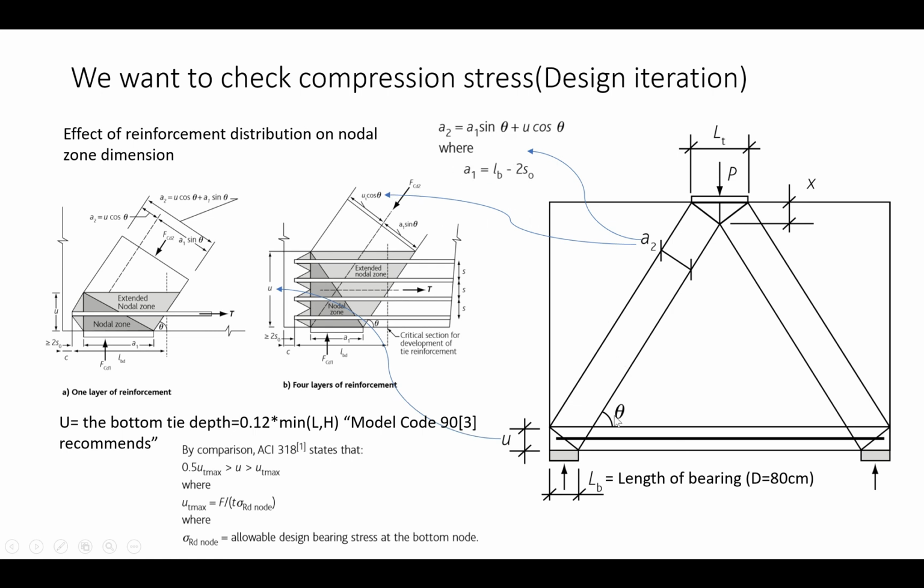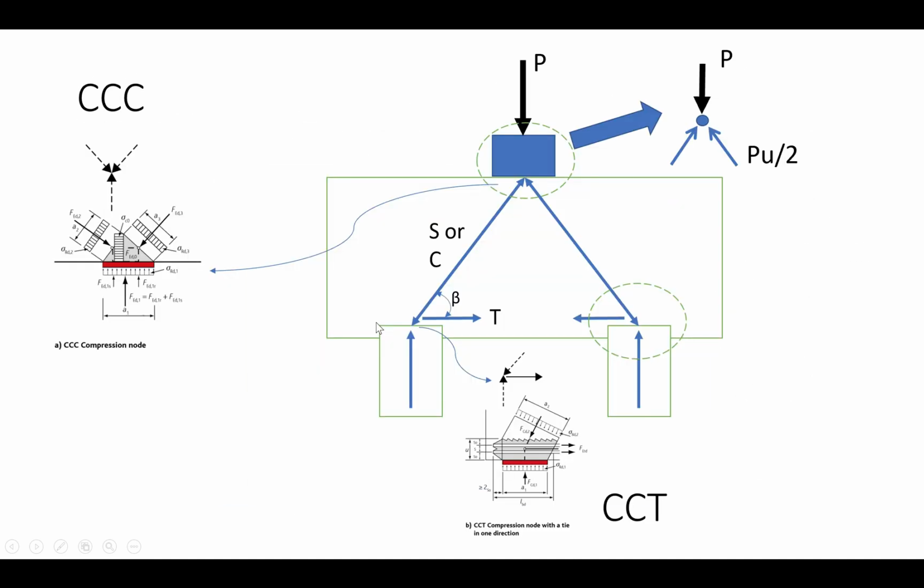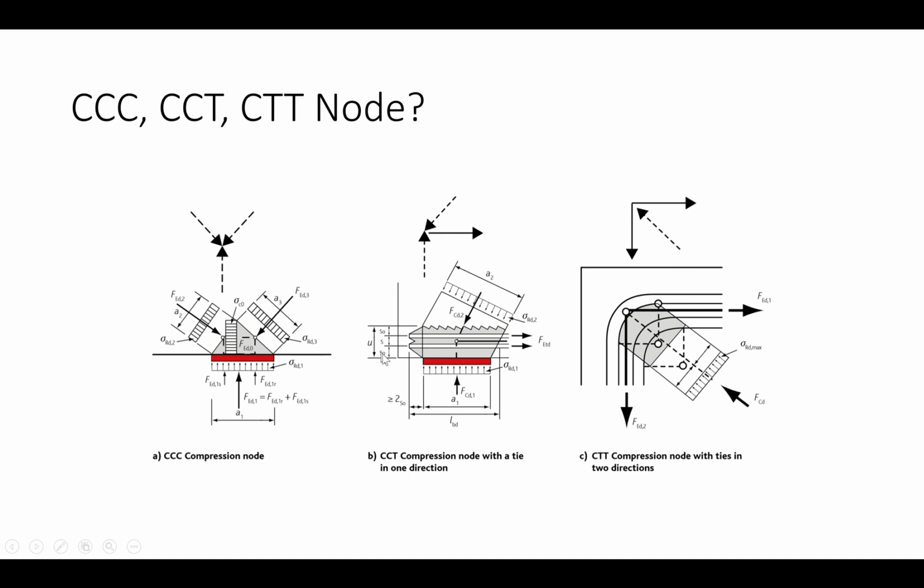A1 sin alpha, you calculate from here, and LB is the length of the bearing, which we know, and S0 is the distance from the first rebar layer to the bottom of the pile cap. You see here, S0.